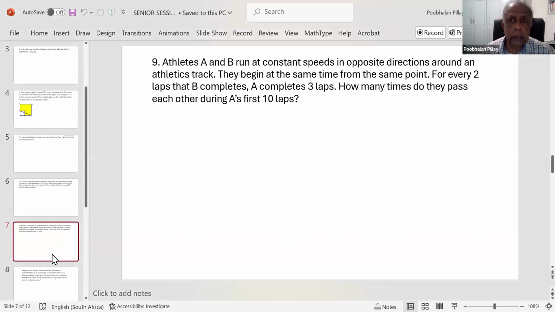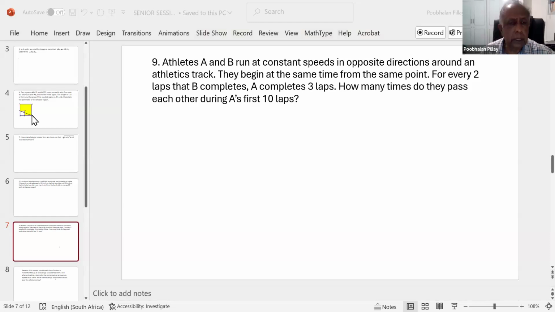The next problem is the following. Athletes A and B run at constant speeds in opposite directions around an athletics track. All right, now we don't know. Okay, let's draw the track.